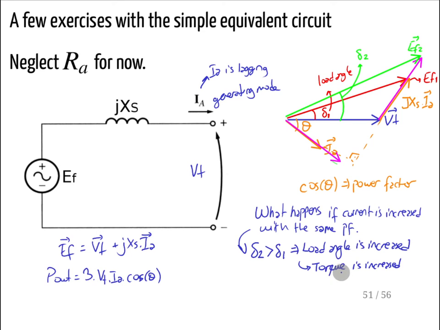That output power has to come from somewhere, so your torque needs to be increased. And how can you increase it? Here it's not only the phase, but the Ef2 magnitude is also larger than the Ef1 magnitude. That means the field current should be increased.